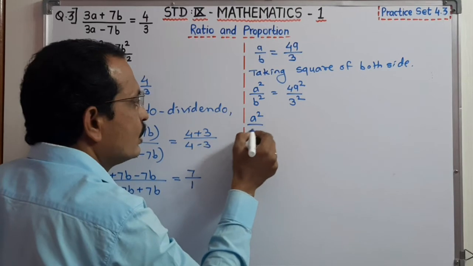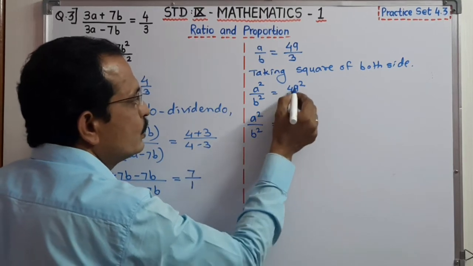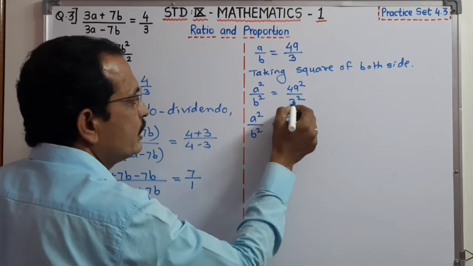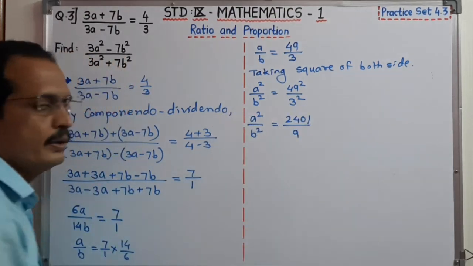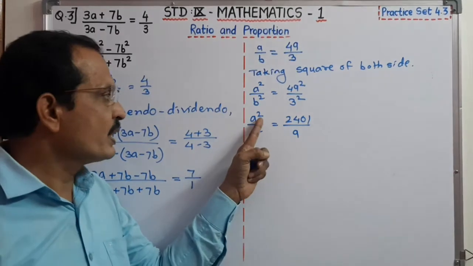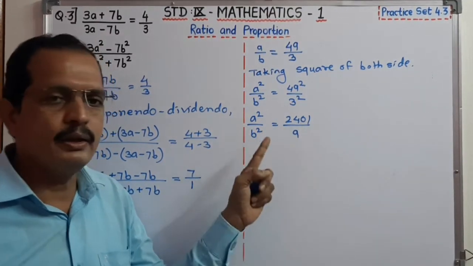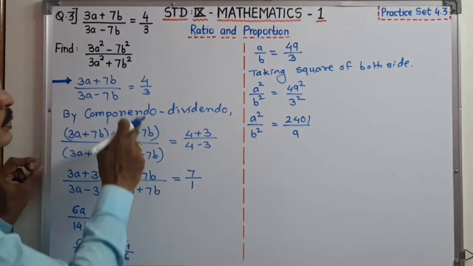Therefore a square upon b square is equal to the square of 49, which is 2401, and the square of 3 is 9. Now dear student, see, a square upon b square is 2401 upon 9. Now dear student, what we have to do?